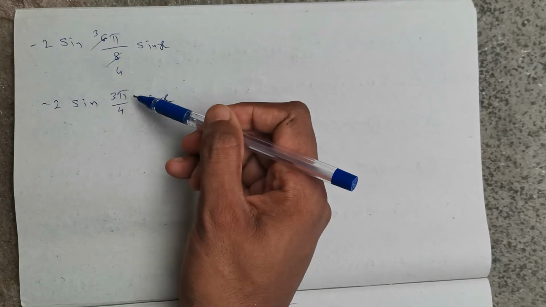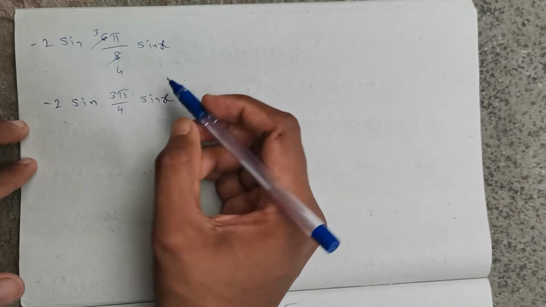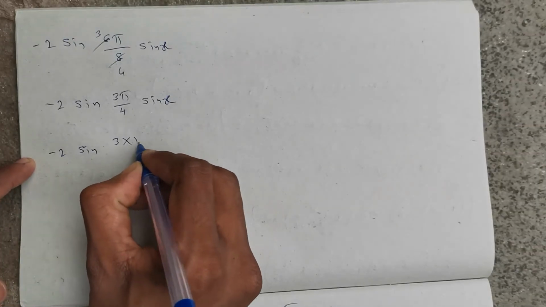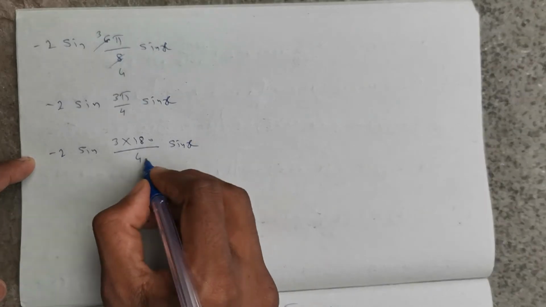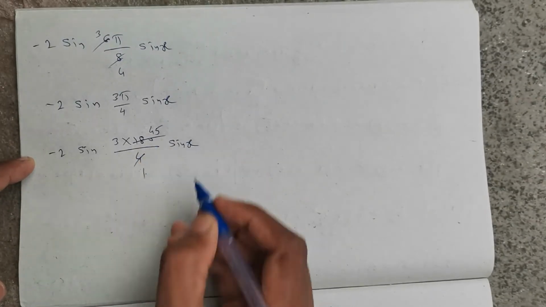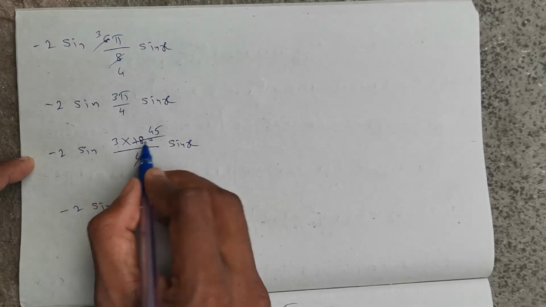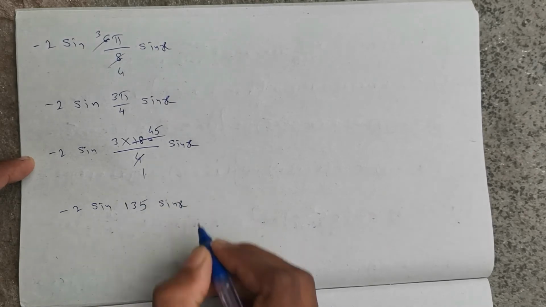Now here pi is in radians, I will convert this to degrees, so in the place of pi I will substitute 180. Minus 2 sin into 3 into 180 divided by 4 times sin x. 4 ones are 4, 45s are, minus 2 sin into 3 into 45, 135 times sin x.